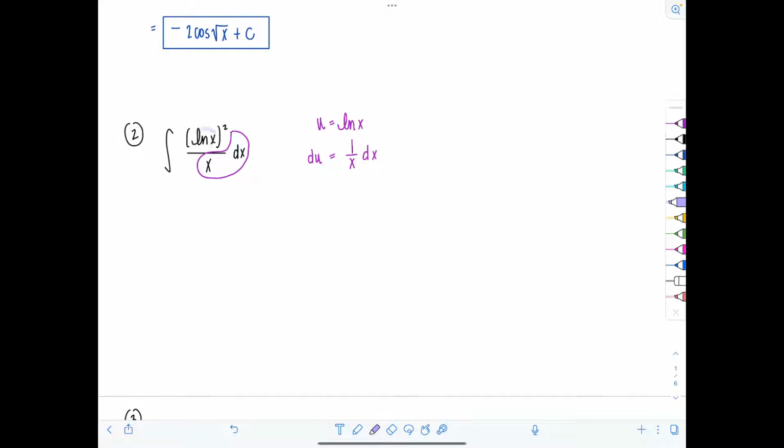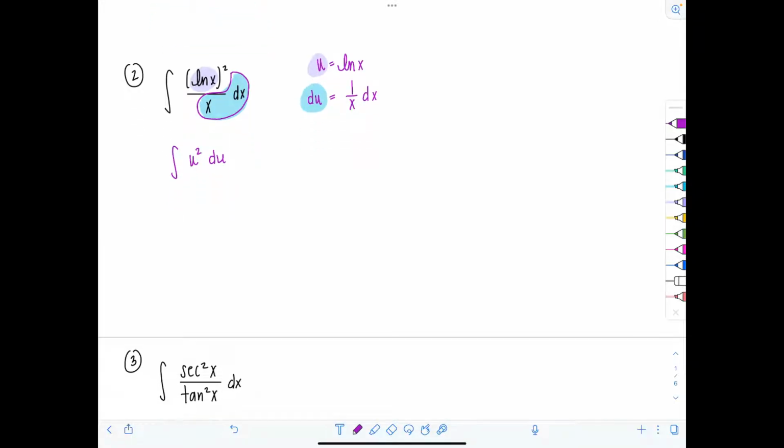Instead of ln of x here, I'm going to write u. So we're going to have integral u squared, and then this entire kidney bean, look how cute, dx over x is equal to du. Bam. Oh, that's such a harmless looking little integral.